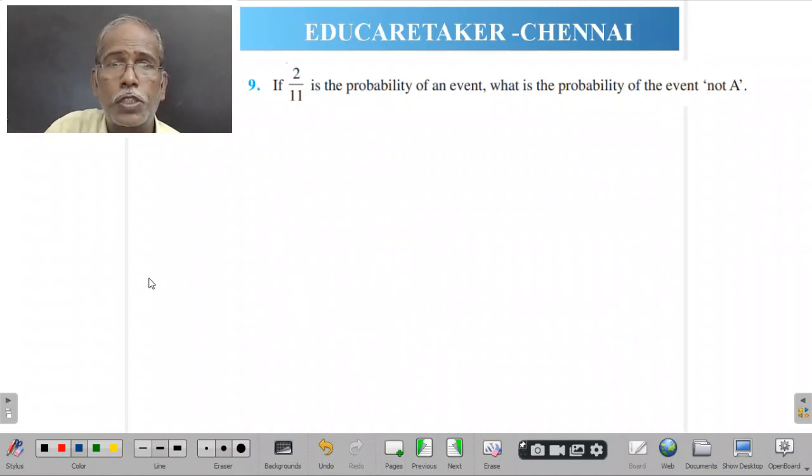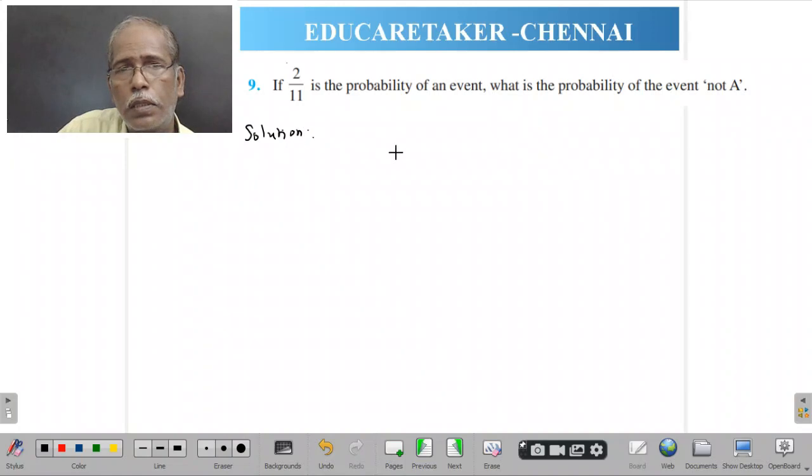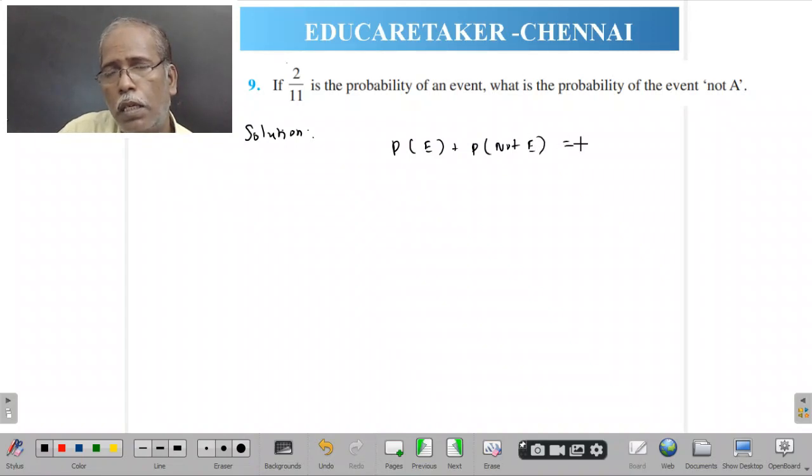If you look at question number 9: if 2 by 11 is the probability of an event, what is the probability of the event not A? So dear student, you have to remember one general concept. Probability of an event E plus probability of not E, not occurring or the complement, is always 1.